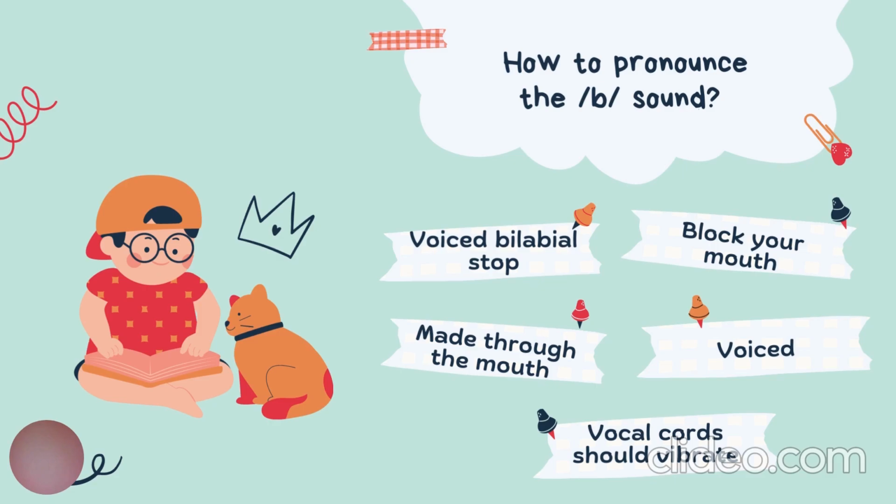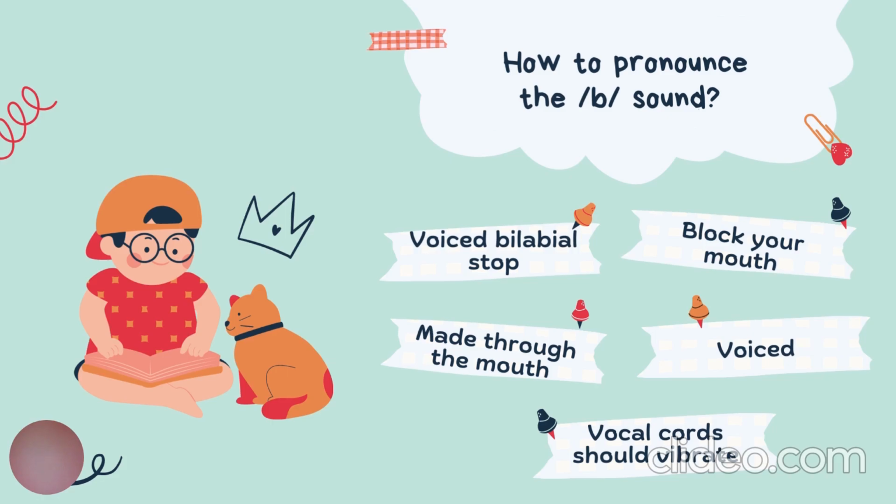The ba sound is made through the mouth and it is voiced, which means that you vibrate your vocal cords to make the sound. It is defined by the shape of your lips and the motion of airflow through your mouth. And it is a stop sound, which is a sound made by building up air pressure by stopping airflow and then releasing it.